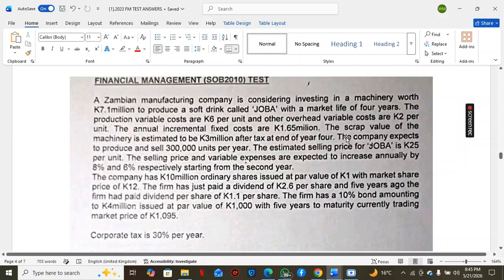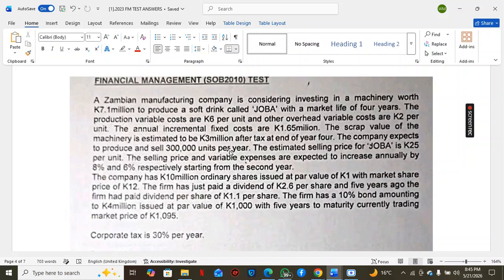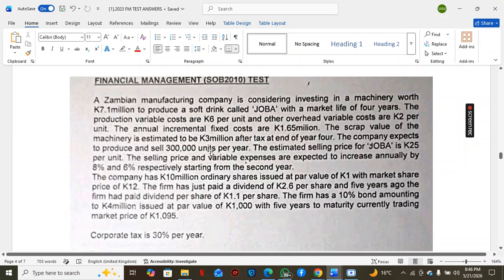So here the company expects to produce and sell 300,000 units per year. So what they're producing and what they're selling is the same. Just in case in a question what is produced and what is sold are different, for the sales revenue you focus on the units sold. Then for the costs, you focus on the units produced.